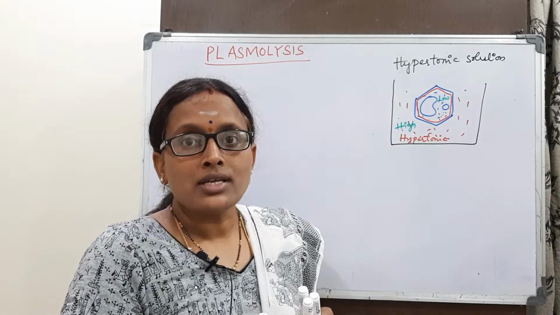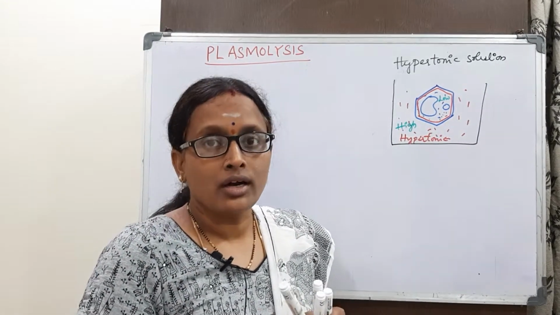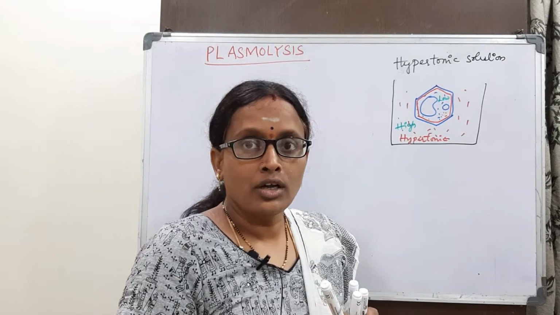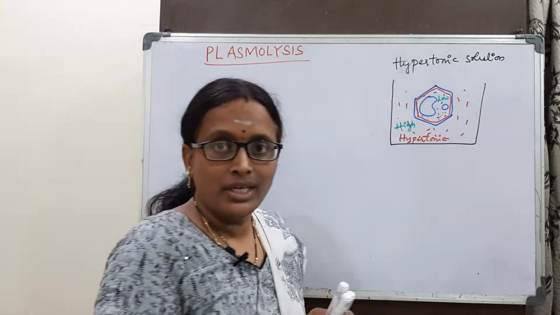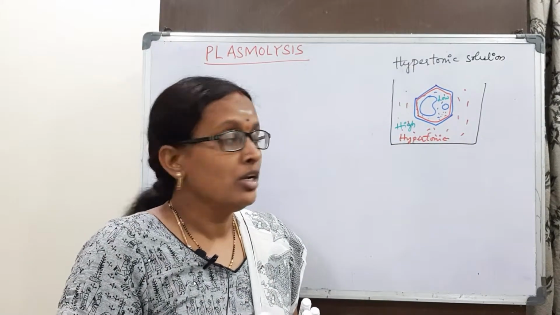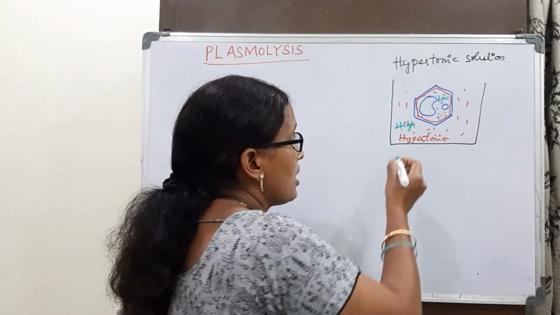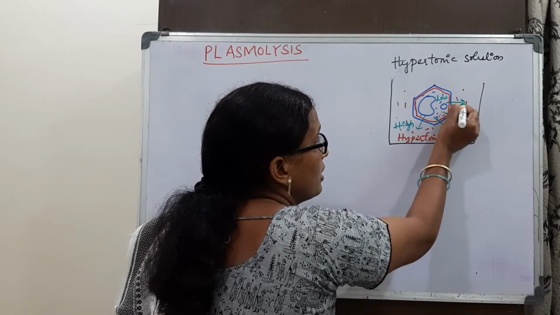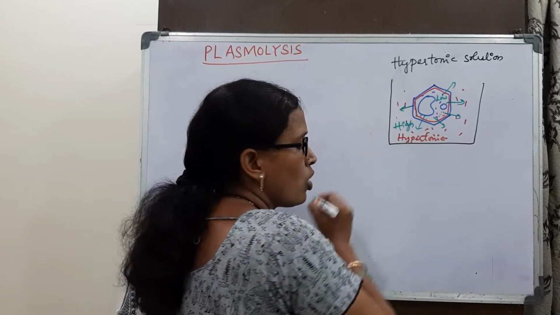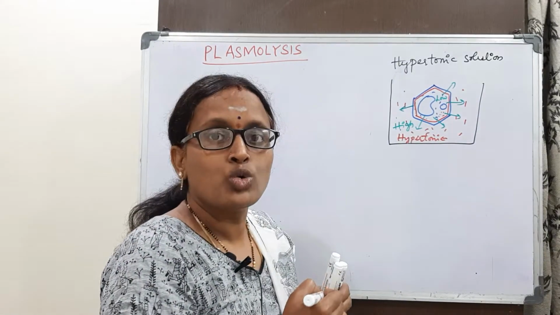So what happens according to osmosis? We know that water moves from low concentration to high concentration through the semi-permeable membrane. So in this process, what happens? All the water will come outside from the cell.